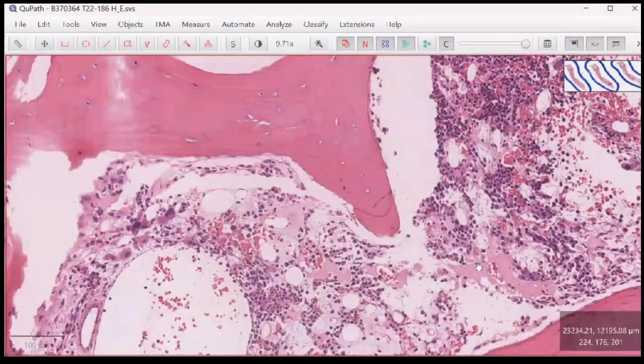You have colonies also generating granulocytes. But to some degree, the marrow is showing some reparative or regenerative changes.